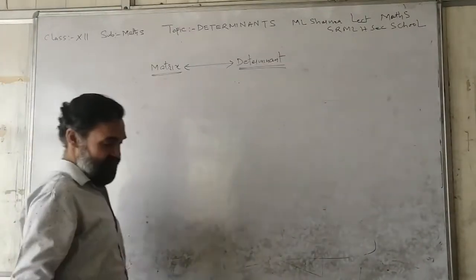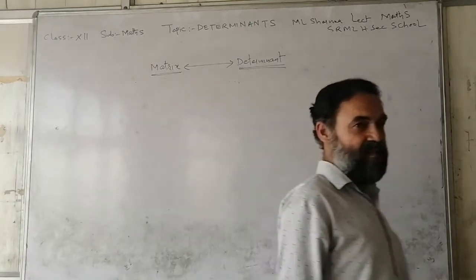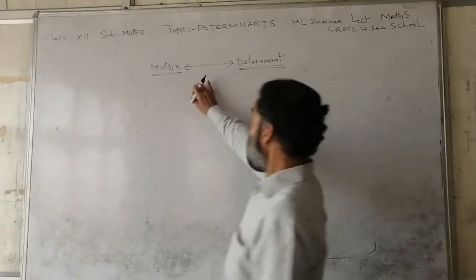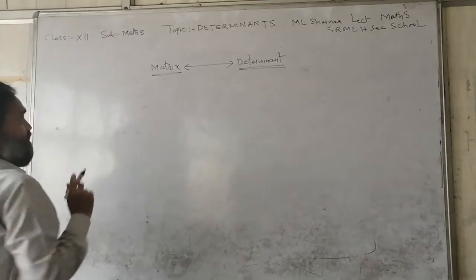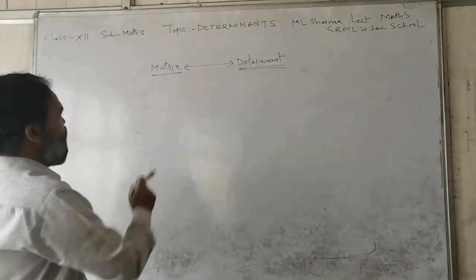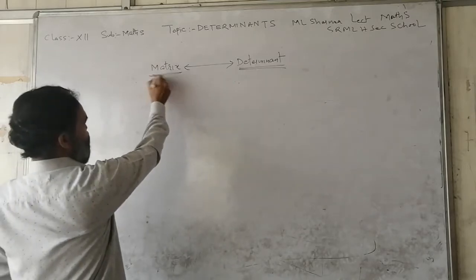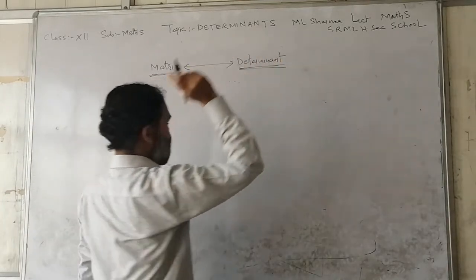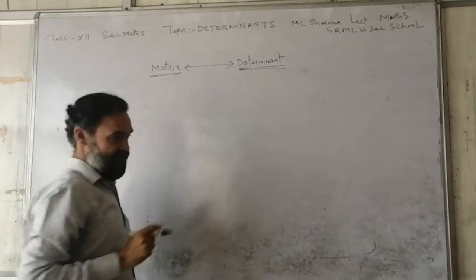So yesterday I discussed matrix and determinant, so far as they are related to each other, so far as the definition of matrix and the definition of determinant is concerned.